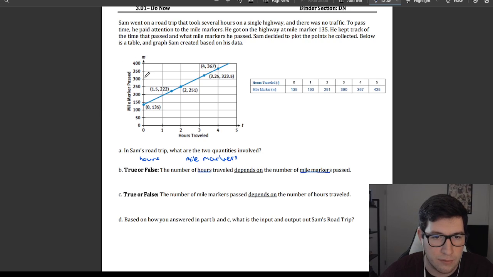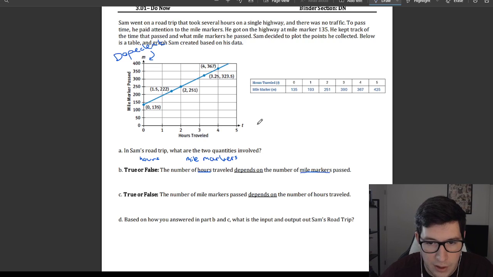Right, because remember that this vertical axis is normally going to be our y-axis. In this case, it's the m-axis, but this is always our dependent. Apologies. So this is always dependent up here. And this one here would normally be our x-axis, or in this case, our t-axis.